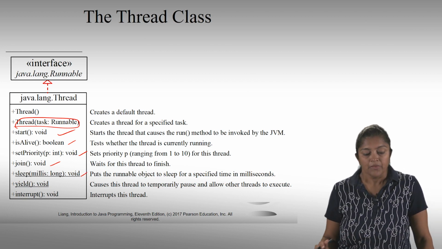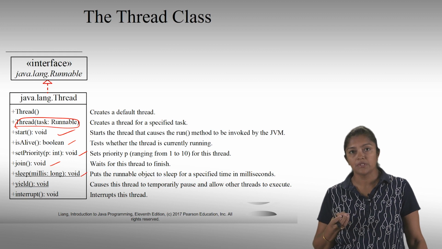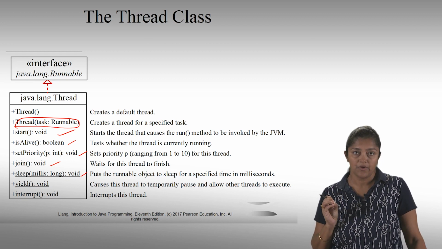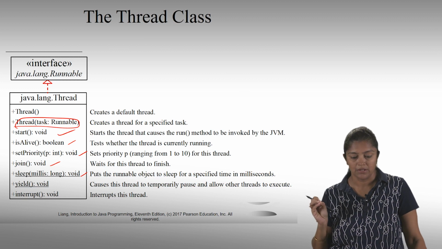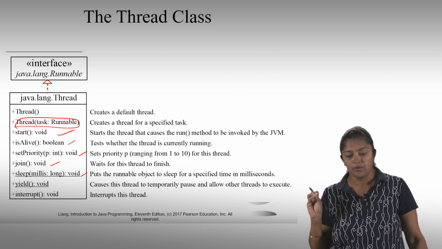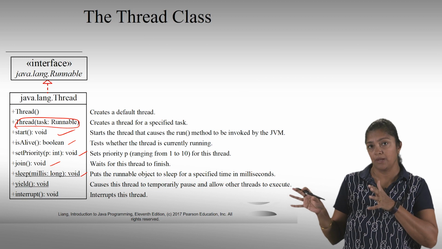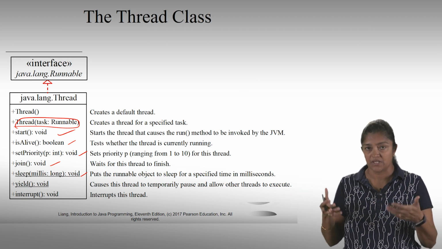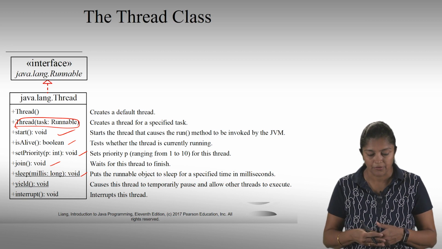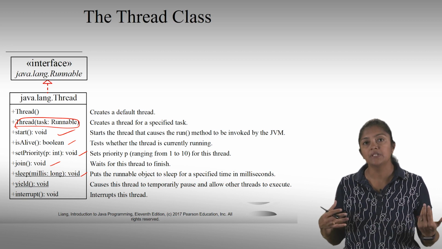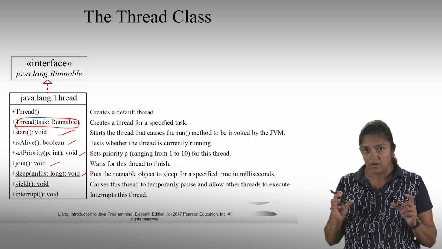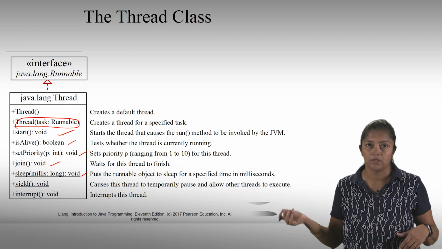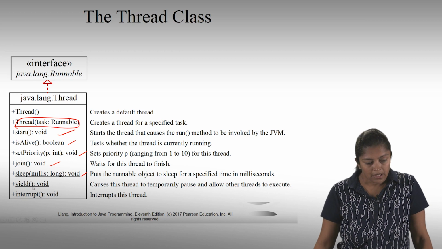There's sleep, and the input to sleep is in milliseconds. So basically you can specify in milliseconds for how long you want the thread to sleep, and what that means is it's not going to do its task during that period of time, which means if it gets processor time during that duration, then the turn is automatically passed on to the next thread.